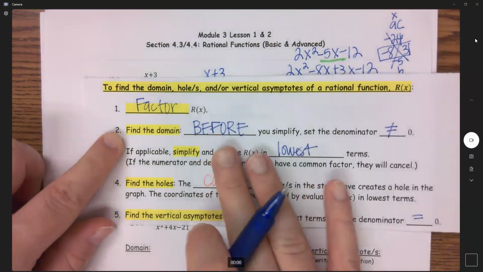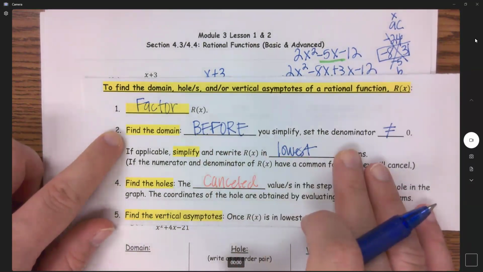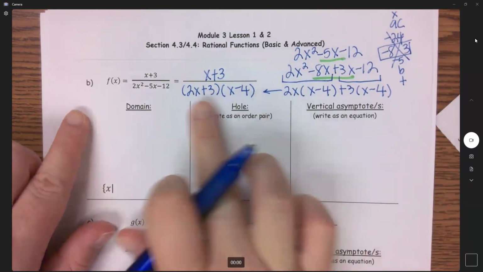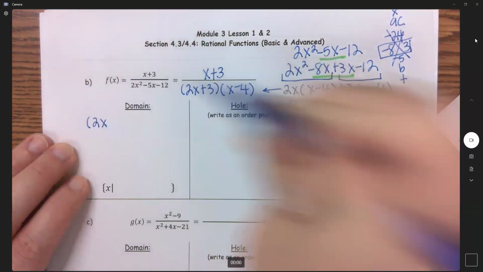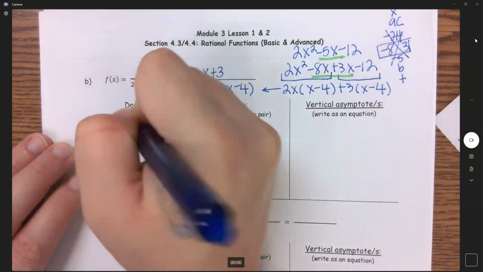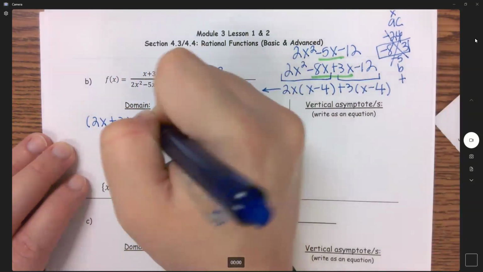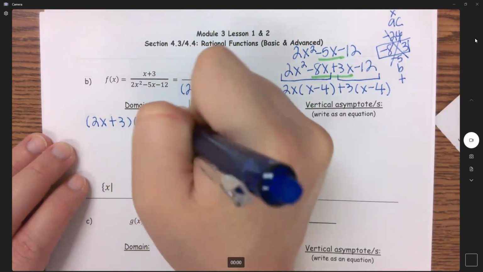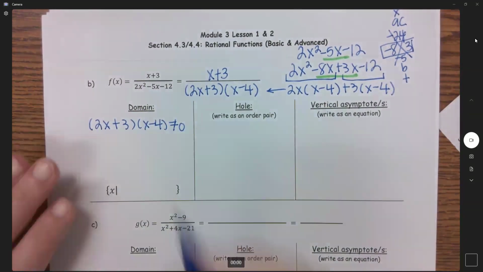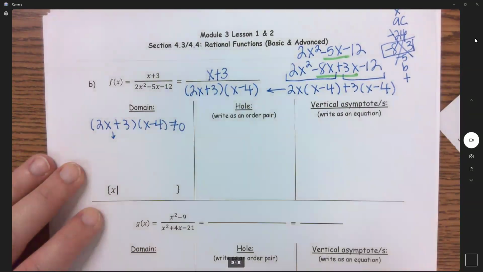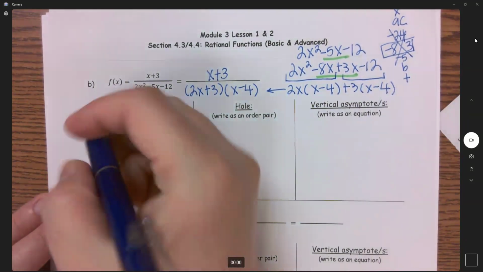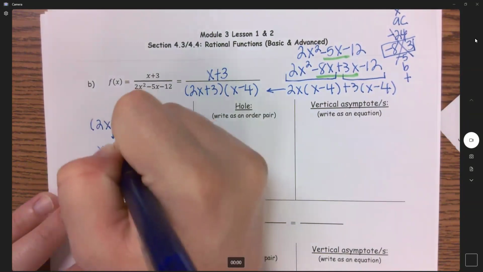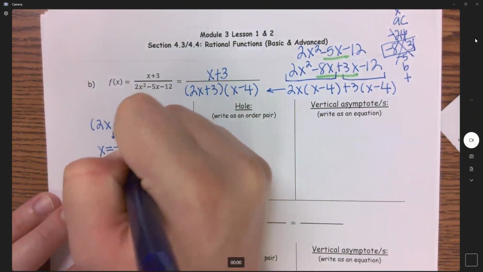Find the domain before you simplify. Set the denominator to not equal 0. So I'm going to take this right here and set it to not equal 0. So when I set 2x plus 3 to not equal 0, you're going to subtract your 3, divide by 2, and we're going to get x equals -3 over 2.